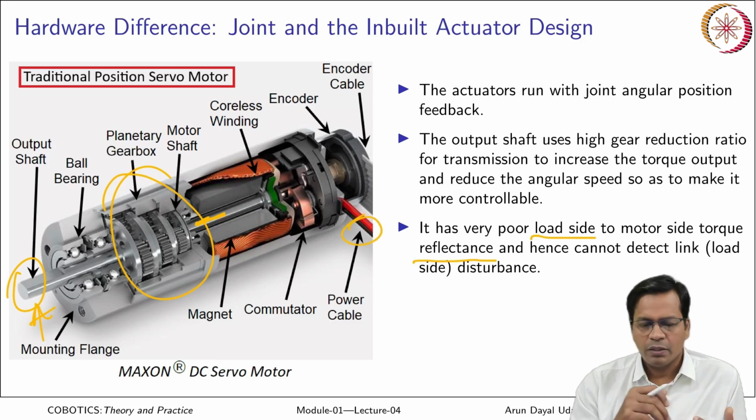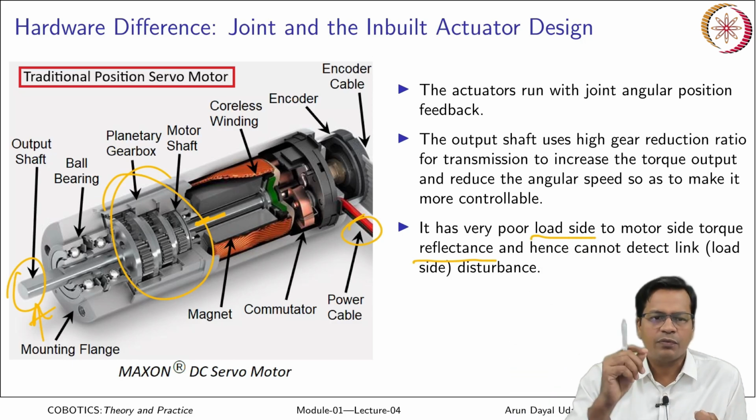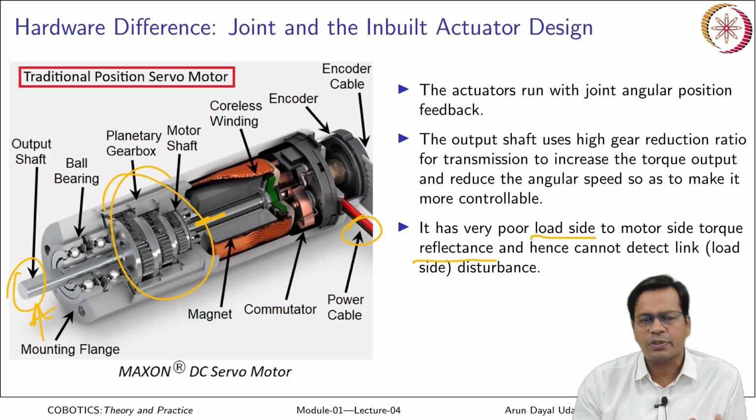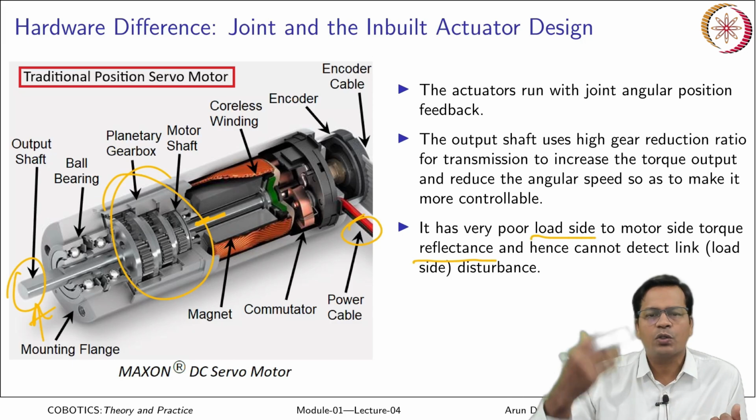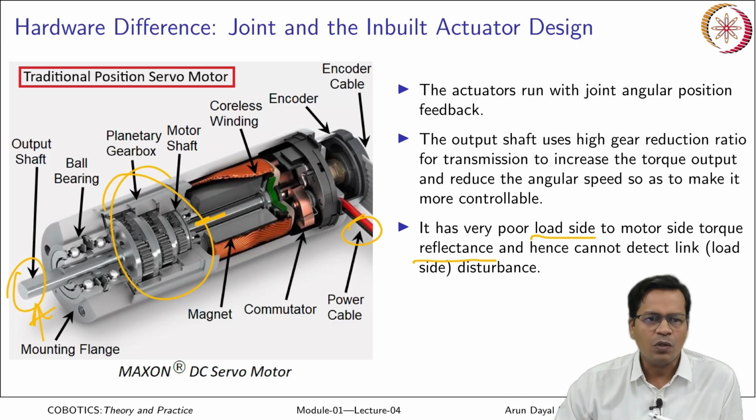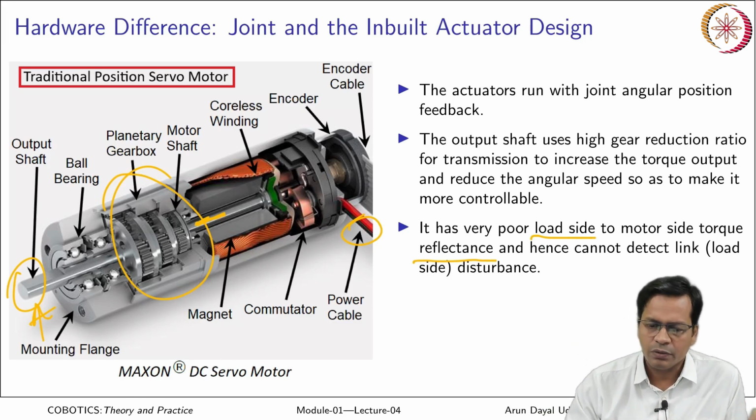So you can detect a huge change, but definitely not a small change, that may be because of a human collision or a small obstruction. So you can use current only to ensure safety. For any huge current surge, you can apply the brake or switch off the motor. This can be taken care of, but you definitely cannot precisely control the current to control the torque that comes here.